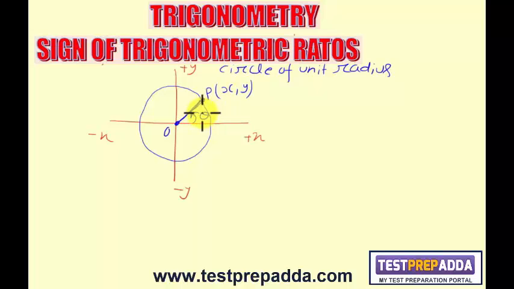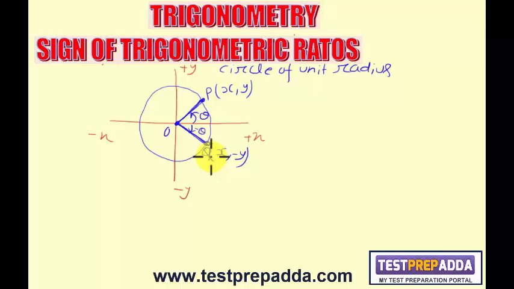Okay, now if I take the same amount of angle but in the clockwise direction, I will say this as minus theta. Consider this point Q, then Q will become x comma minus y.